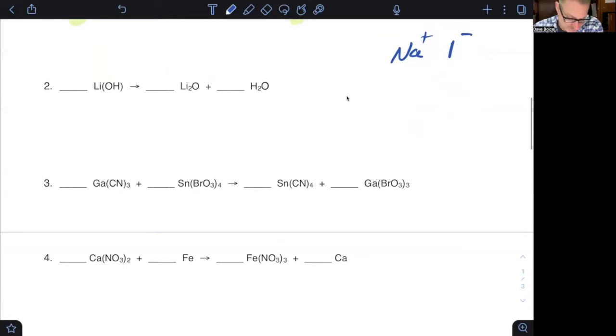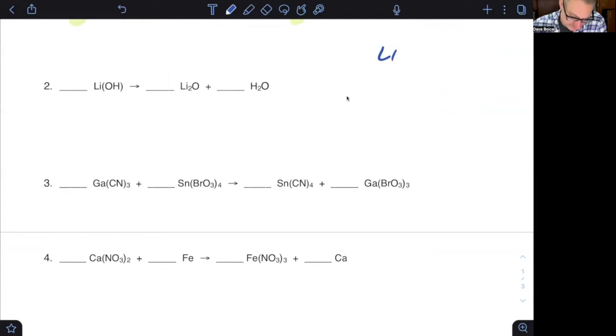Okay. All right, lithium hydroxide decomposing into lithium oxide and water. Okay. And this is why I wanted to show you the other decompositions earlier. So predicting it, we may not have covered that much, but this is what an actual decomposition looks like. All right, so let's get out of the way.